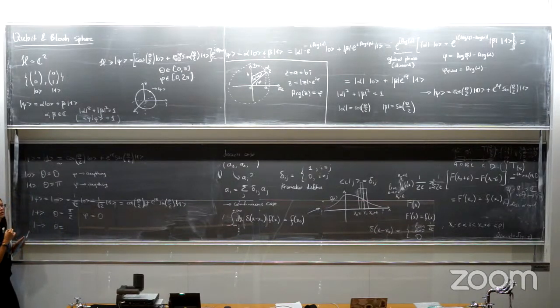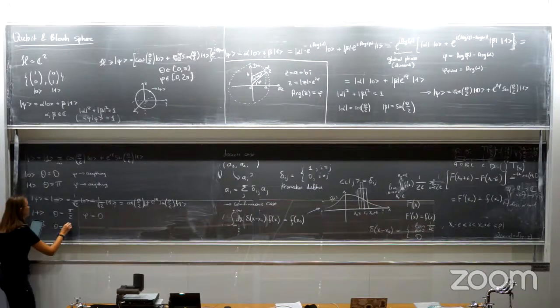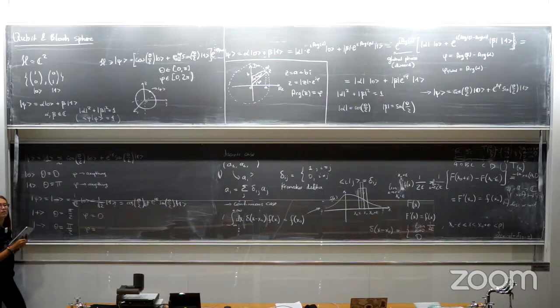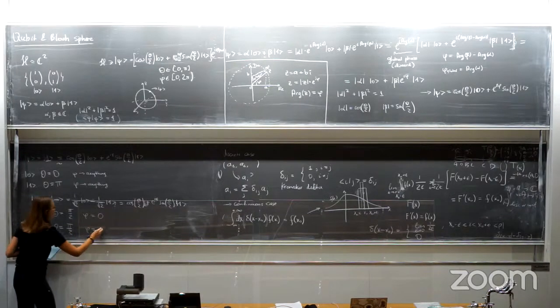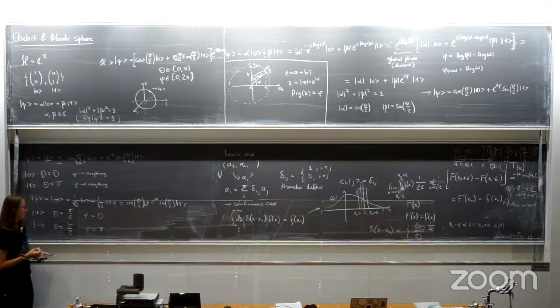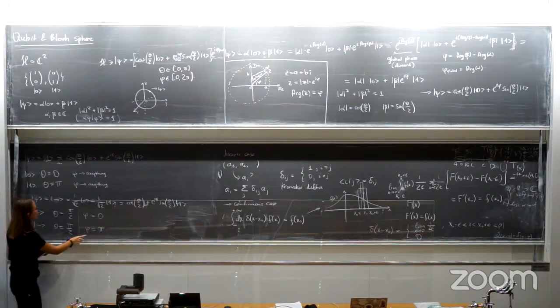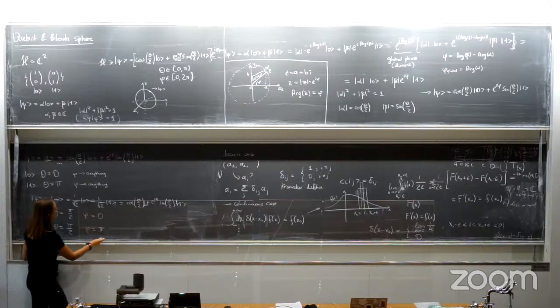Yes. But phi? Yes. Is it clear why this happens? Here we have to make use of the fact that e to the power i pi is -1.